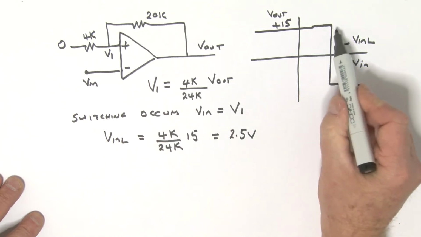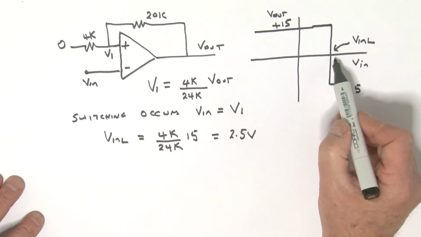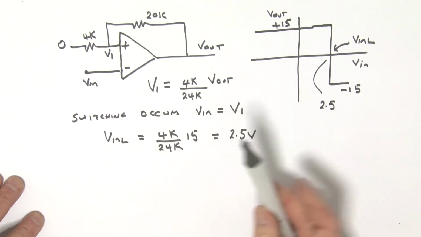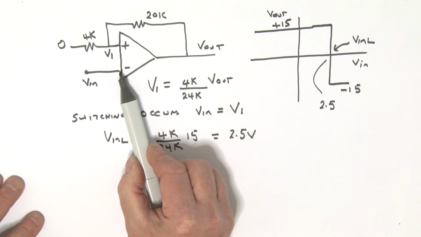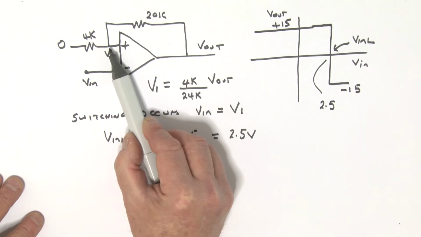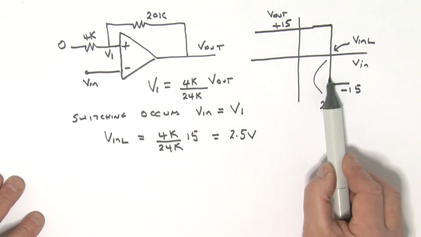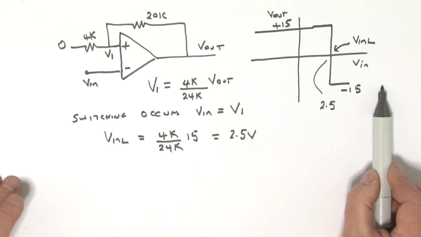So this VNL is actually sitting at 2.5 volts. So as I increase Vin and it becomes equal to 2.5 volts, which is the V1 value, then this output is going to switch from a plus 15 to a minus 15.